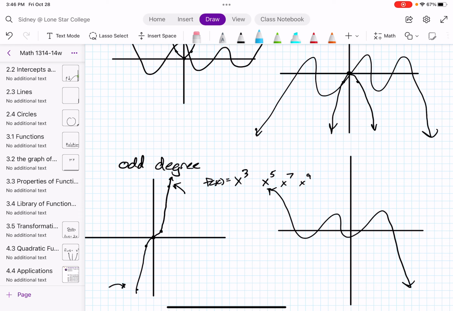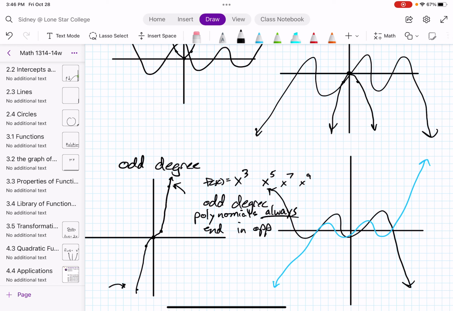Similarly, if I start down, I can have some interesting stuff in the middle, but it will have to end up because odd degree polynomials always end in opposite directions. And these are truths.